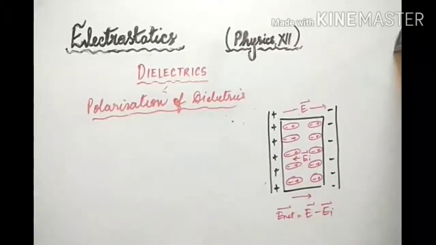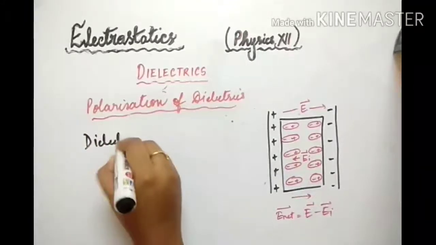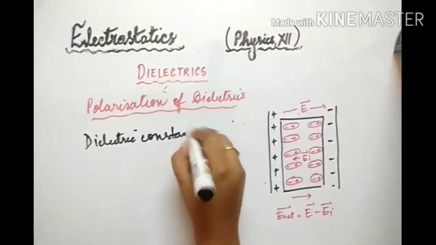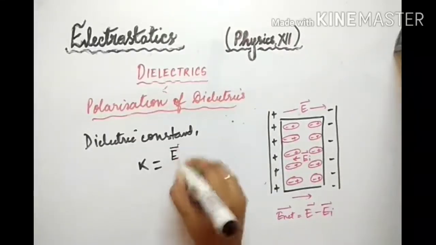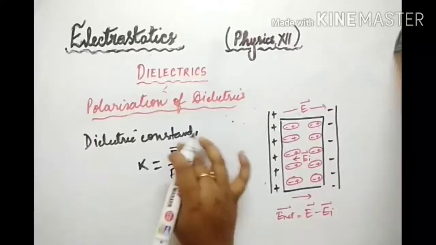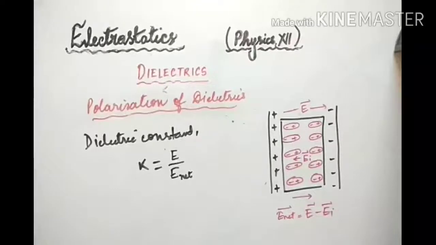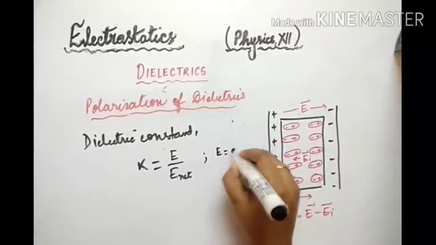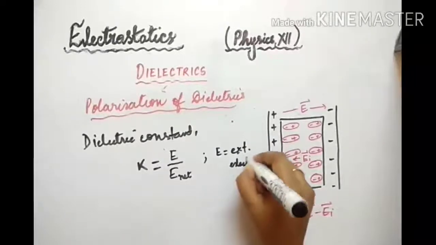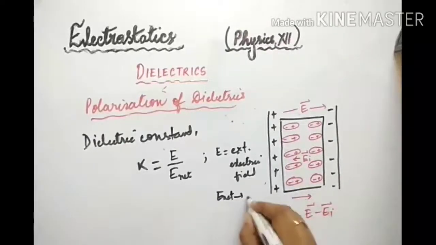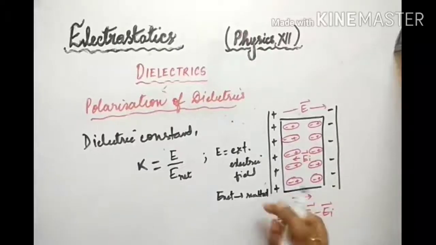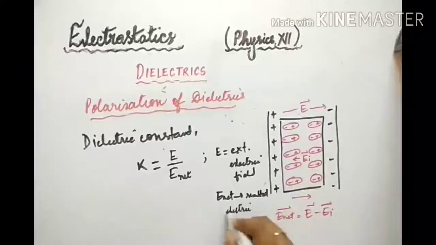Since here we have taken a dielectric, there also exists a dielectric constant, which is given as K. Now K is the ratio of the external electric field to the resultant electric field.